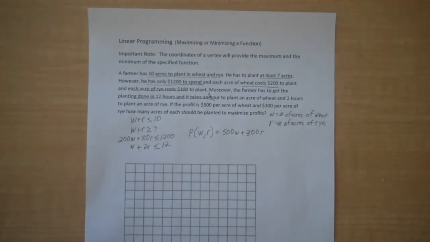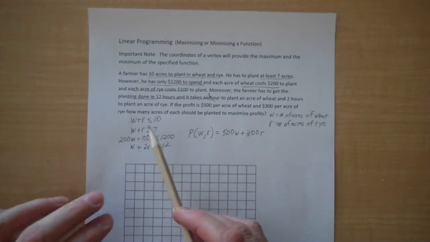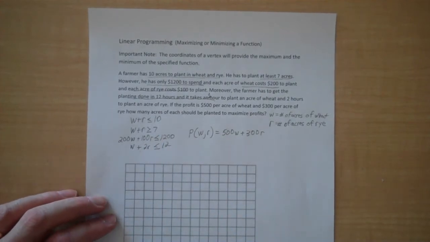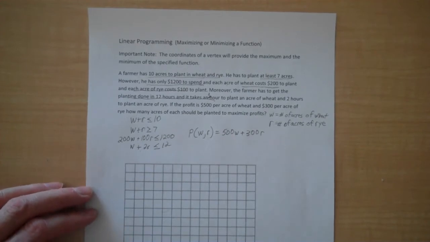Now the job is to figure out what this boundary looks like. So we have 4 inequalities here, and I'm going to let this be my W axis, and it's for the number of acres of wheat, and I'm going to number them.